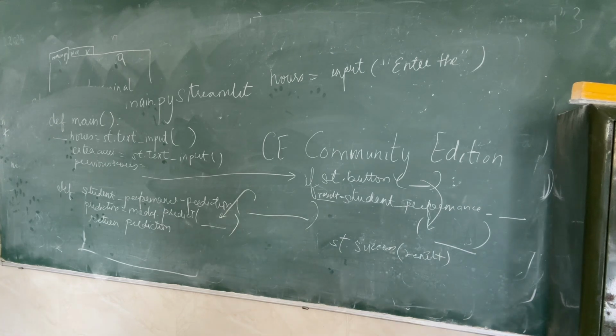We don't get a predicted score because we've not written the code for that. We need to use these values with model.predict to make a prediction. That is the rest of the thing. I can give you a written version of it on WhatsApp. Sorry, were you able to get the input? How much were you able to do?